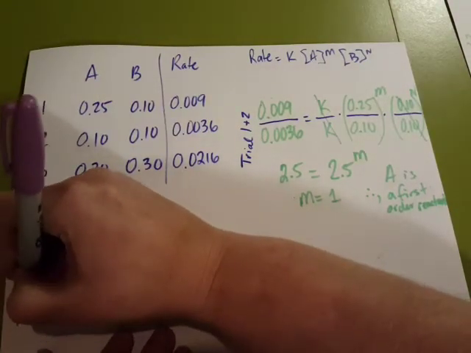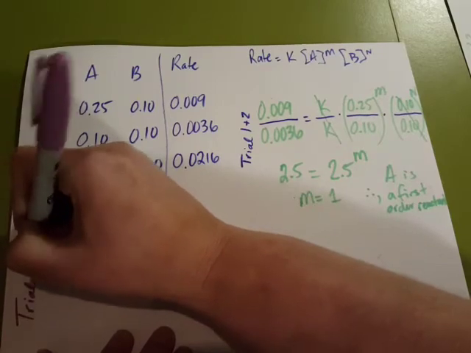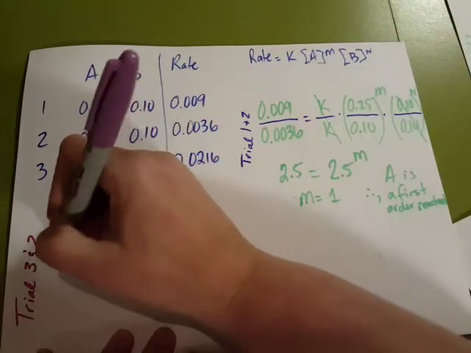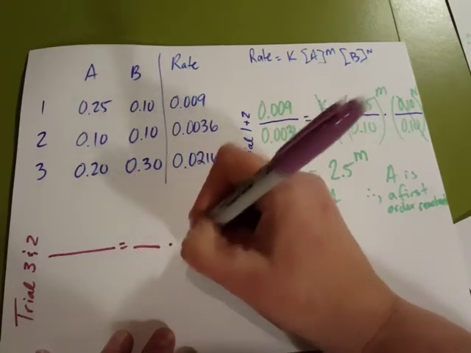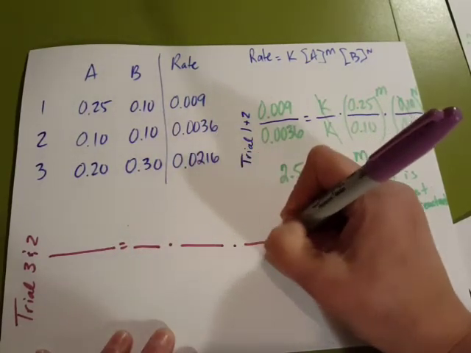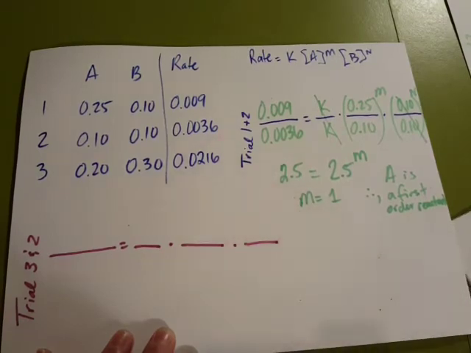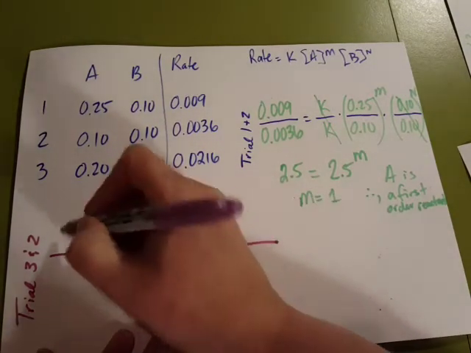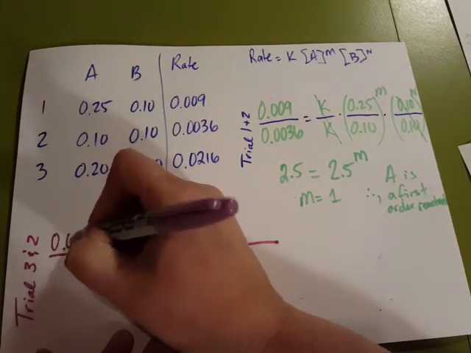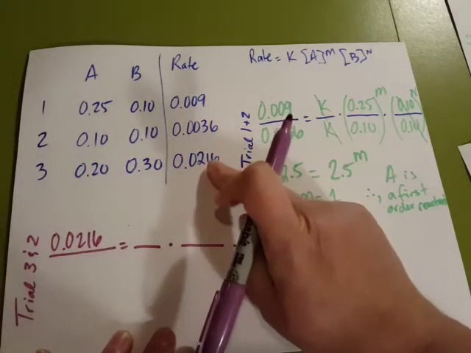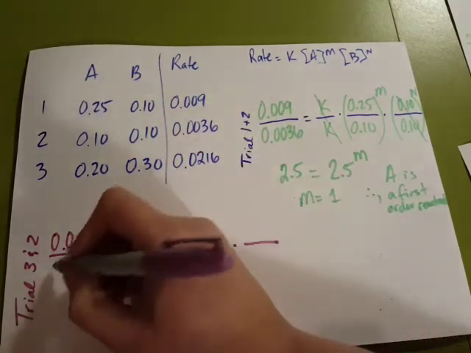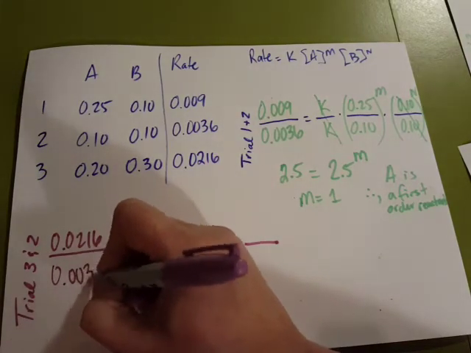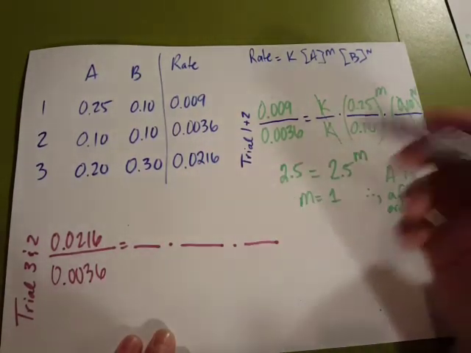So I'm going to put 3 on top. I will be putting the rate for 3 on top, the rate for 2 on the bottom. Again, why did I pick that?